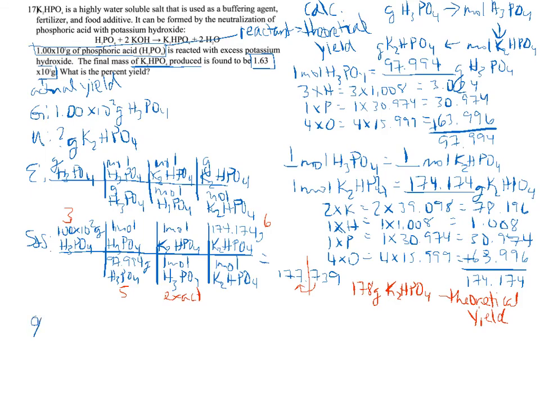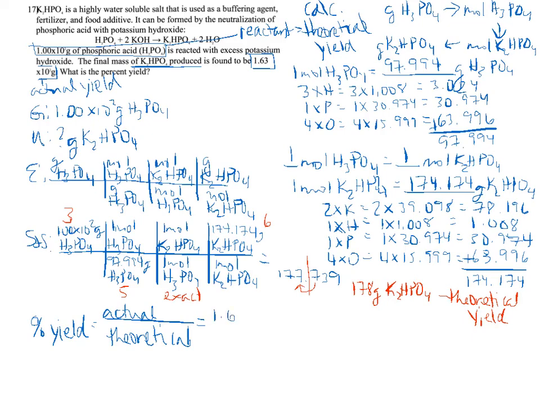Remember, you get the percent yield equation off of your formula chart. Percent yield is actual yield over theoretical. Remember, the actual is always given to you in the problem, so it's right up here. 1.63 times 10 to the second grams is our actual yield, and we just calculated our theoretical.